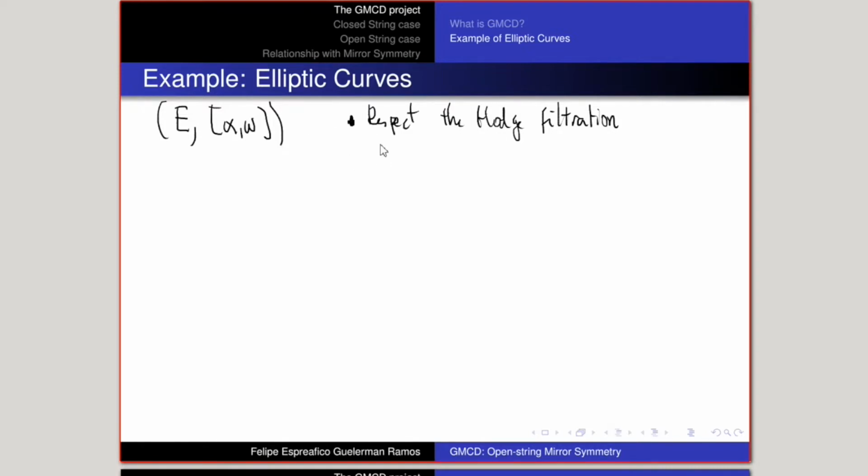in the sense that, for example, in this case, alpha should be in F1, right? And omega should be in F0, but not in F1. And that's what we do in general, right?